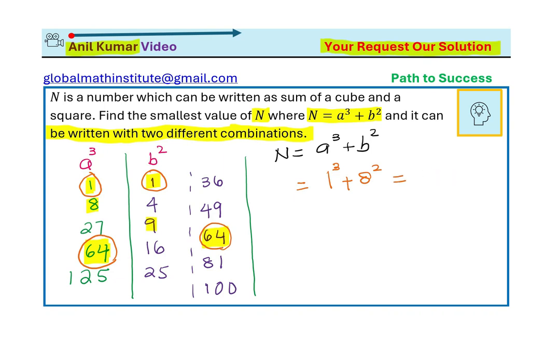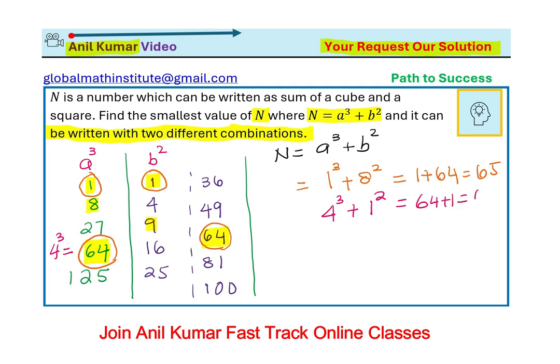Or let me write 1 plus 64 first, which is 65. And also, we have a combination which is the cube of 4. Cube of 4 is 64. So you could write 4 cube, which is 64, plus 1 square, and that gives you 64 plus 1 equals 65.